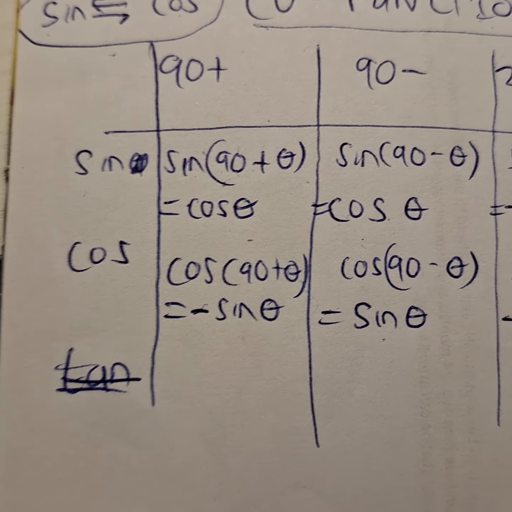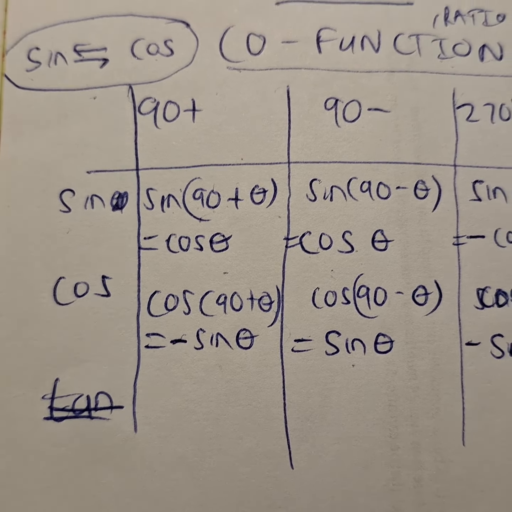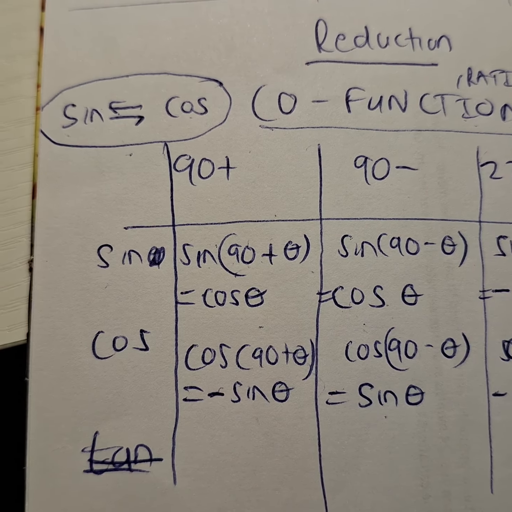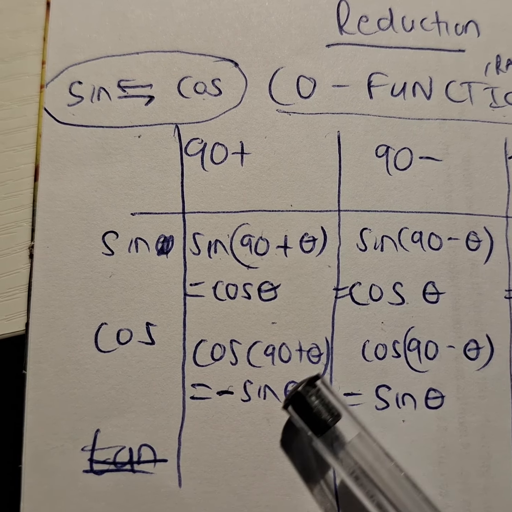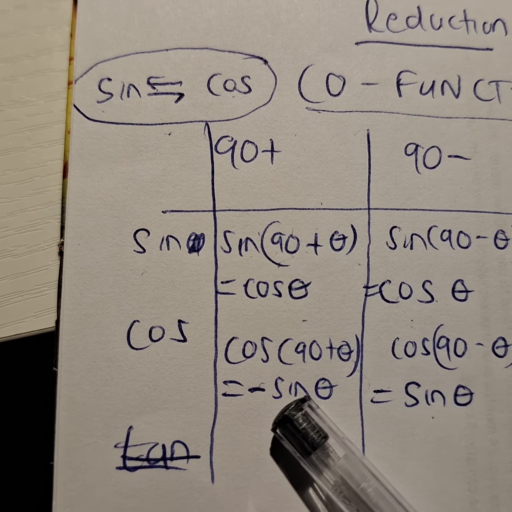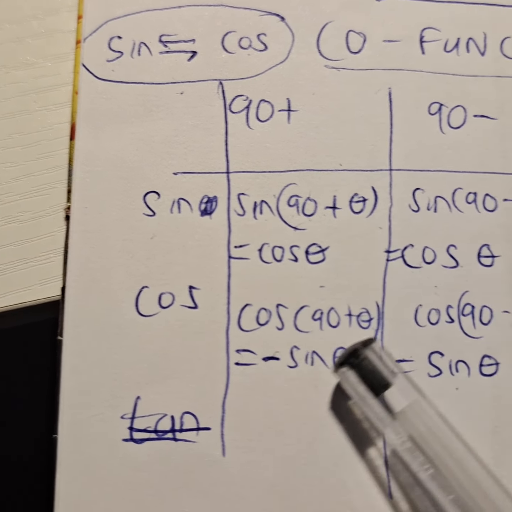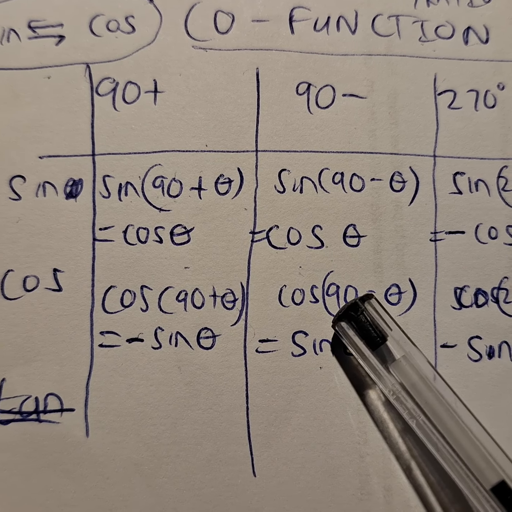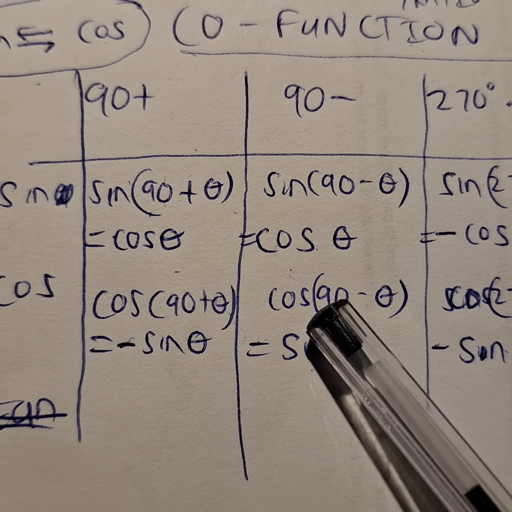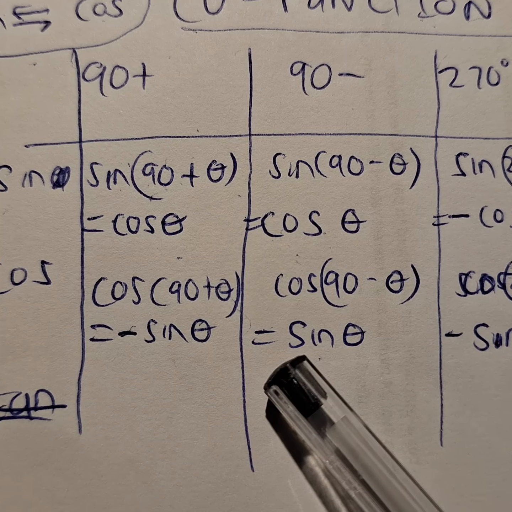We do this with cos, and it should successfully give us the answer with cos as well. Cos of 90 plus theta is in the second quadrant. How is cos in that quadrant? It's negative. So write negative sine theta. 90 minus theta is in which quadrant? The first quadrant. How is cos there? It's positive.